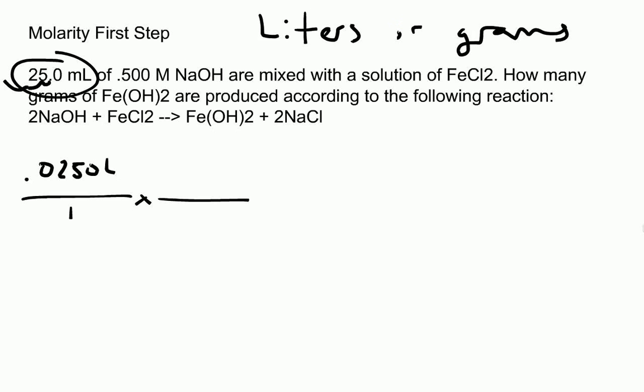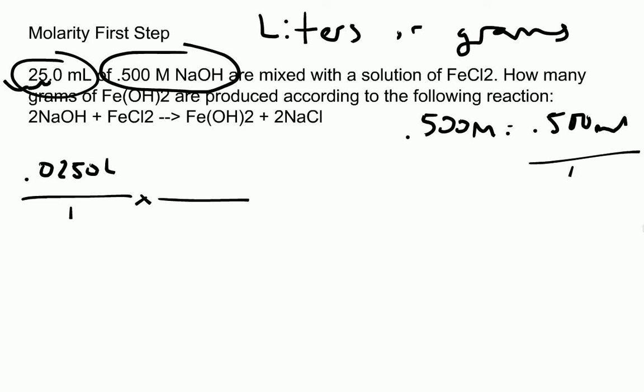So, if I know the molarity, which is right after it, it's 0.500 molar. Remember, 0.500 molar means that there's 0.500 moles in every 1 liter. With that in mind, I can use that information to solve for moles of NaOH, because I know the molarity is 0.500 moles over 1 liter, so liters cancel.